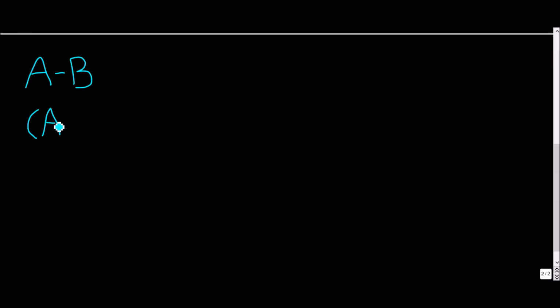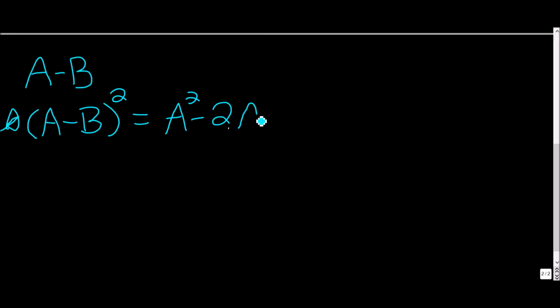remember this from before, alpha minus beta squared, which is not what I need, but we're going to use this to start. Alpha minus beta squared is going to be alpha squared minus 2 alpha beta plus beta squared.